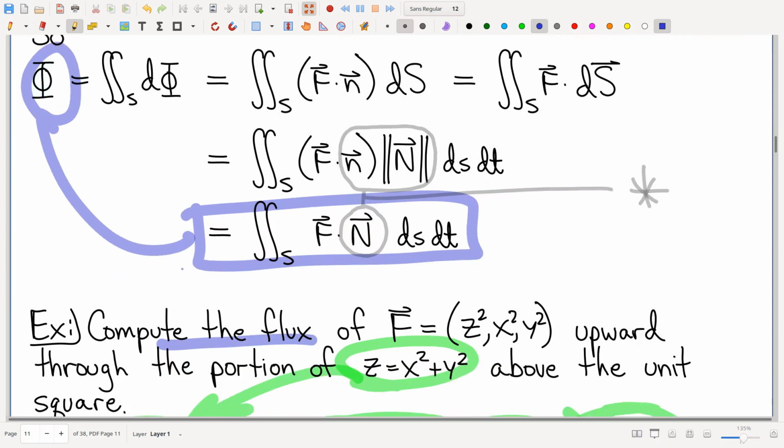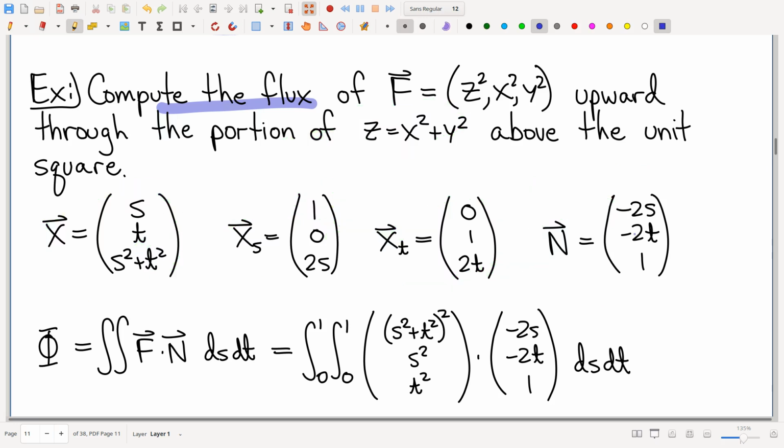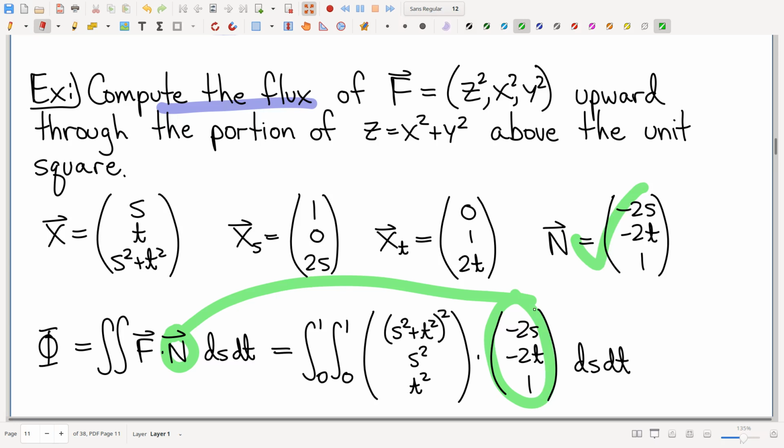It's just kind of already in there. That's very convenient. And with that all done, then our capital N vector is that. Let's see, our F vector.